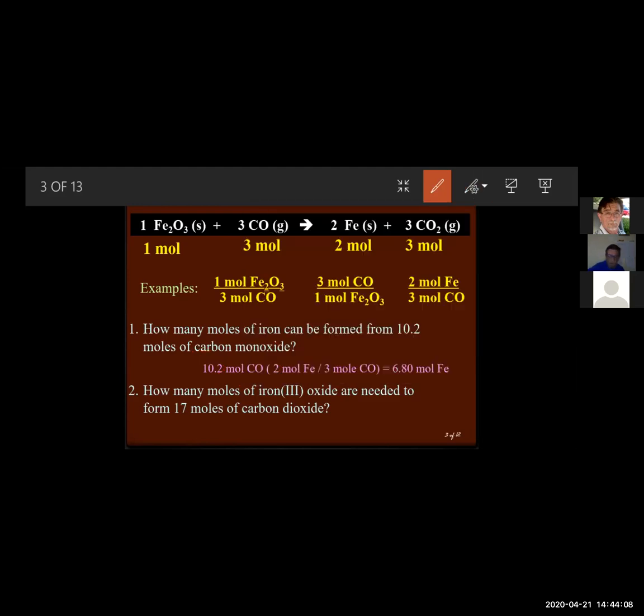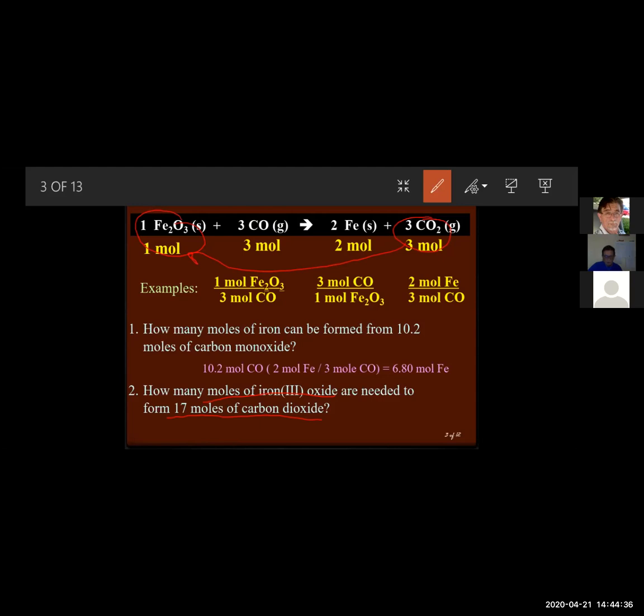In that scenario, they're asking you how many moles of iron 3 oxide are needed to react or form 17 moles of carbon dioxide. Okay? And so here we're only concerned about carbon dioxide and iron 3 oxide. So we need to make 17 moles of carbon dioxide.